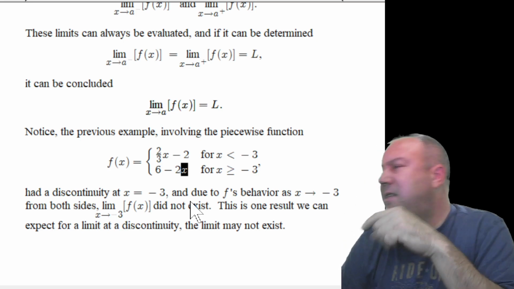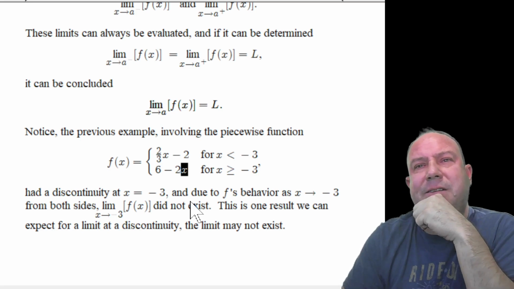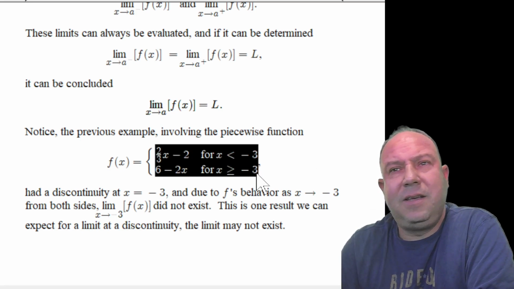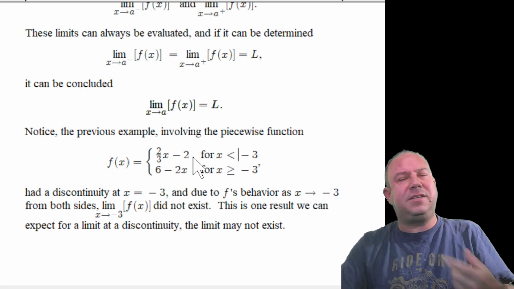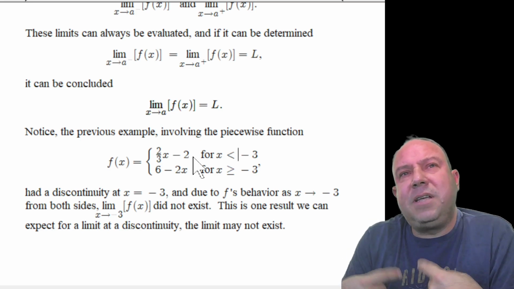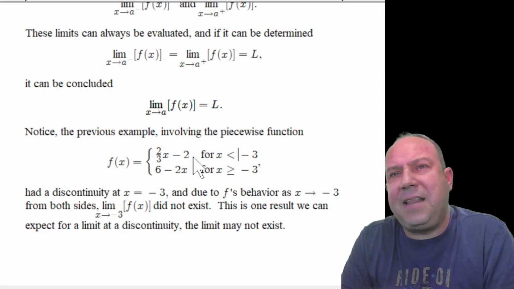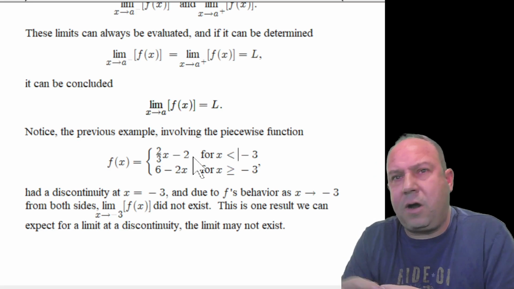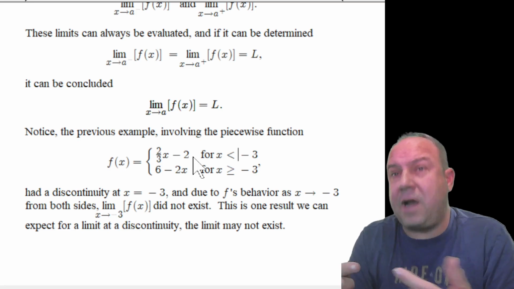But as we had seen, this limit did not exist, because at -3 there was a discontinuity. At this boundary at -3 that separates the two pieces, there was a discontinuity, and that result from substitution becomes unreliable. That result of 12 is not the answer here. What we had to do to draw our conclusion was look at the behavior from both the left and the right-hand side.